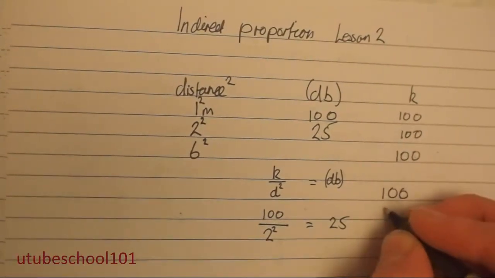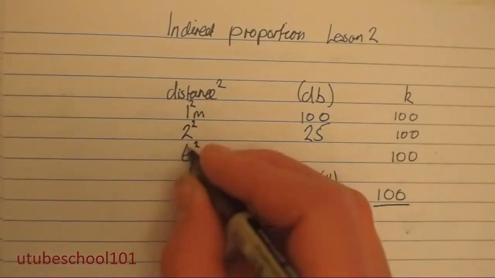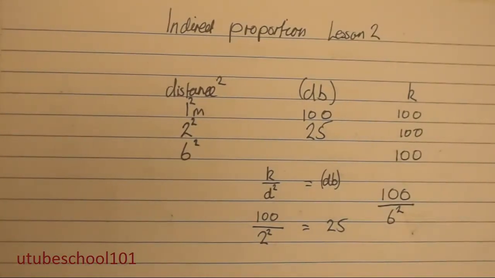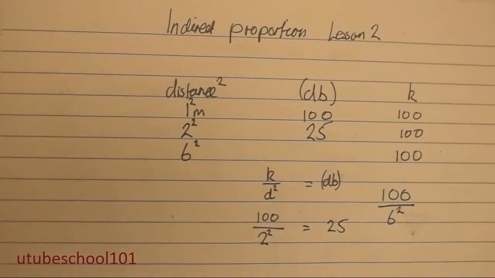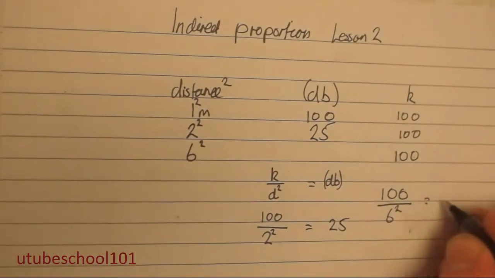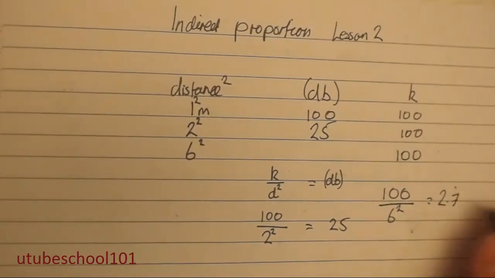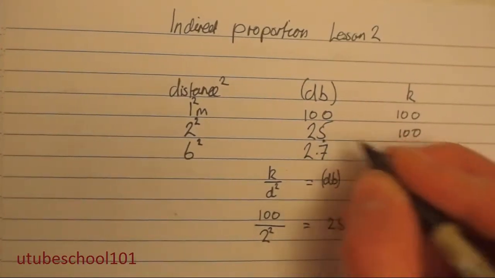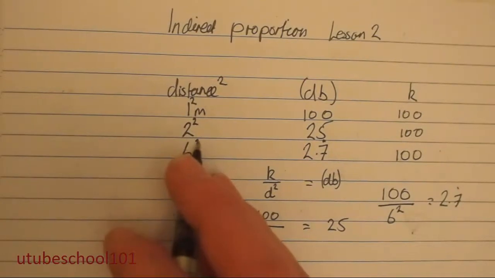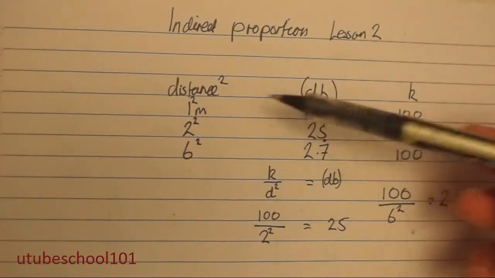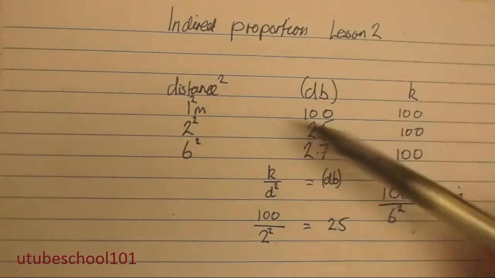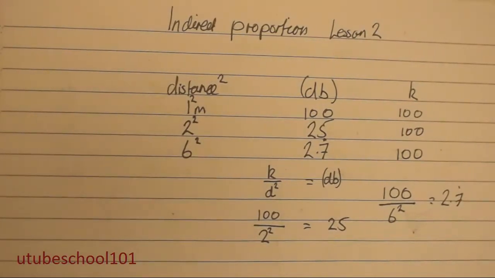We could easily do 100 divided by 36, and you'll still get the same answer. 100 divided by 36 equals 2.7 recurring, so that 7 continues forever. As you can see, because the value is squared, the decibels have got 36 times smaller by being 6 times further away.